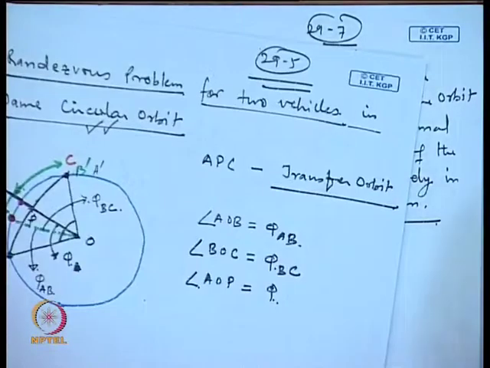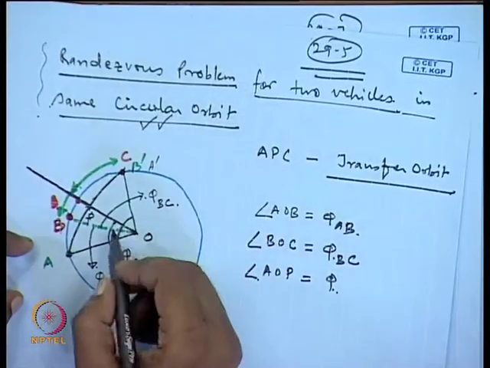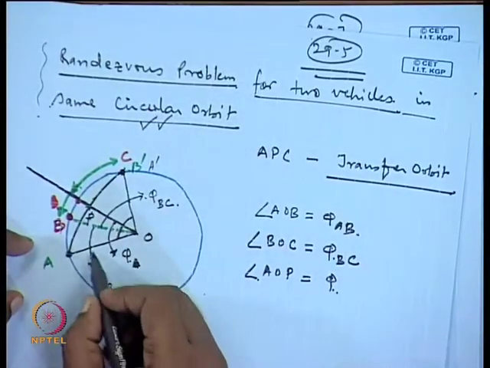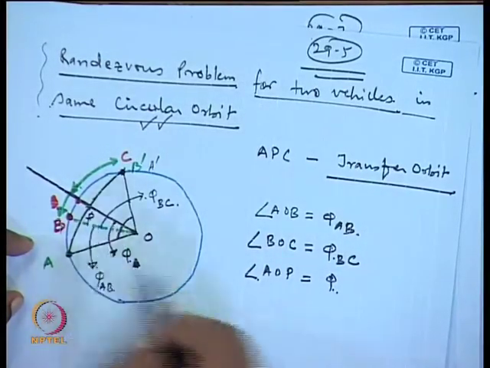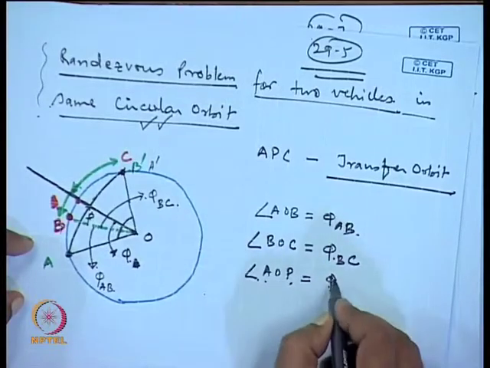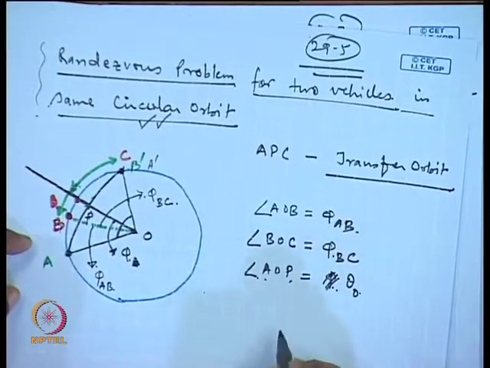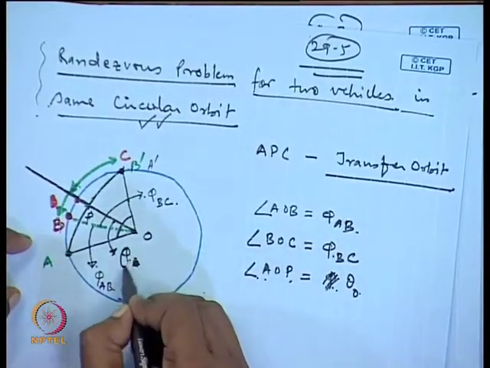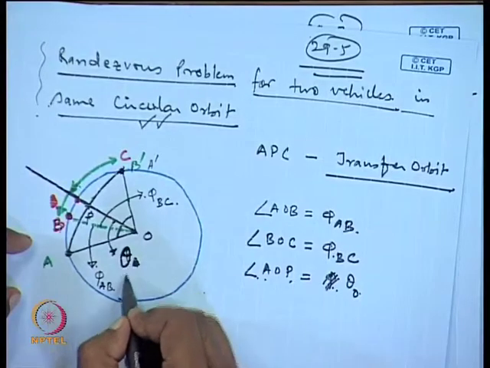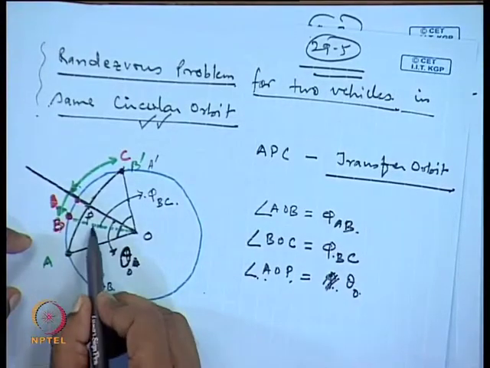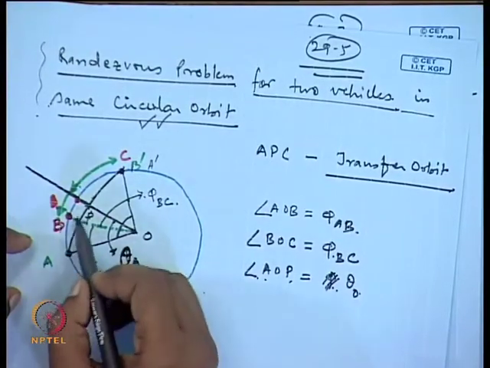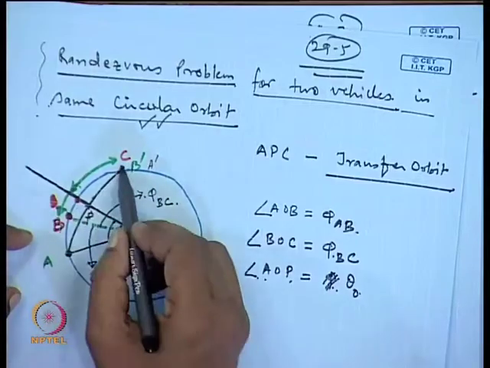Now, one modification we will do here. To make it different, the angle AOP we have written as phi, so we will write this as theta 0, okay, to make it different from the phi which is for AOB and BOC.